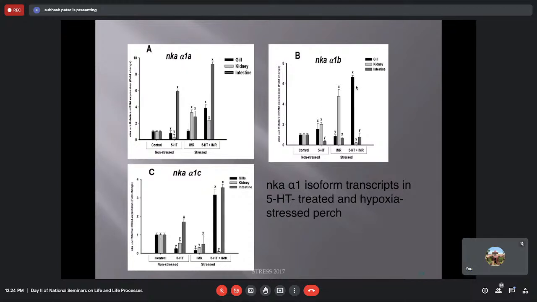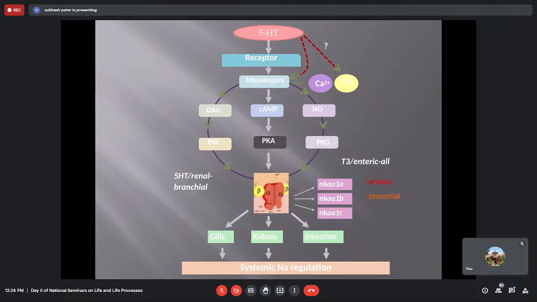So along with one switch, there will be a compensation in the other organ epithelia. This is a cartoon where we see how the different epithelia are taken for the regulation of the systemic response. So there's a shift in the regulation that can happen here.